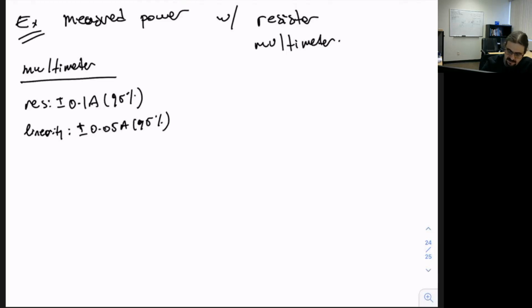And we have a hysteresis of plus or minus 0.04 amps at 95 percentile. Okay, and that's basically how it reads the current, right?